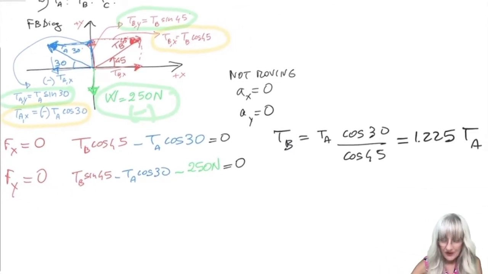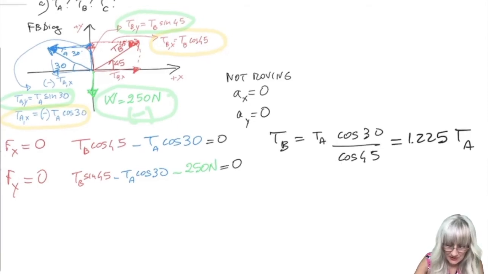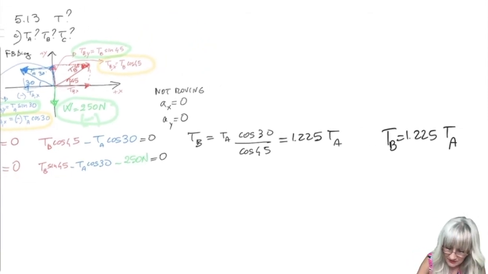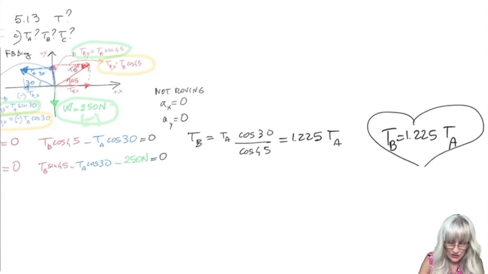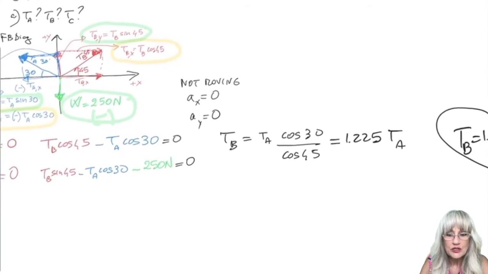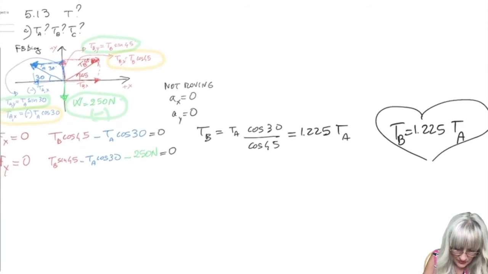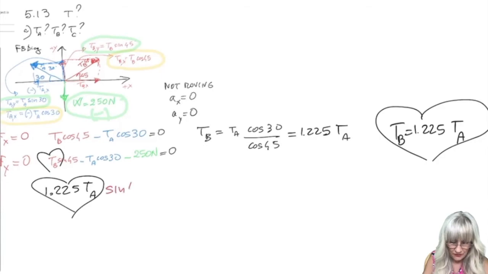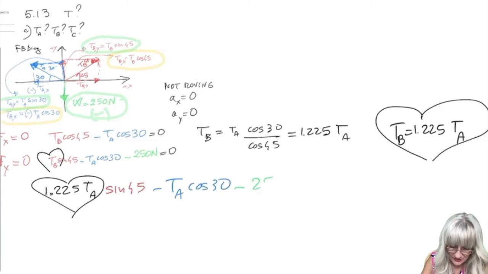Well, we are kind of lucky because I know that T of B is dependent on T of A. So I'm going to plug this condition right here. So right here, where is T of B? Let's do it. 1.225 T of A, this is the condition. Then multiply by the sine of 45 minus T of A cosine of 30 minus 250 Newton equals 0.